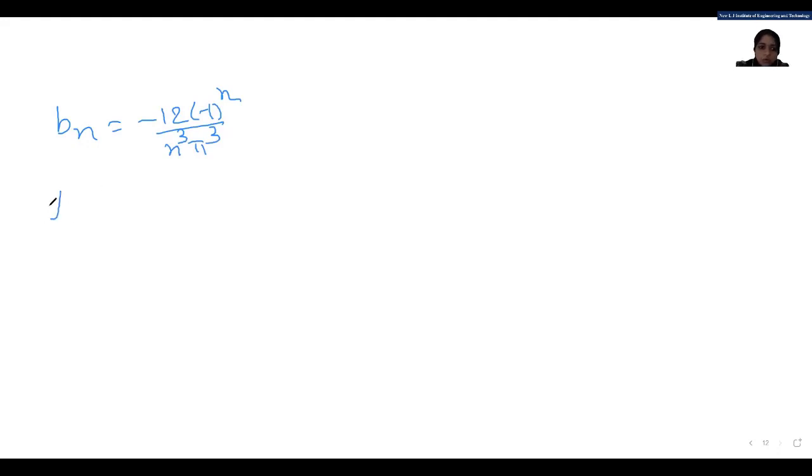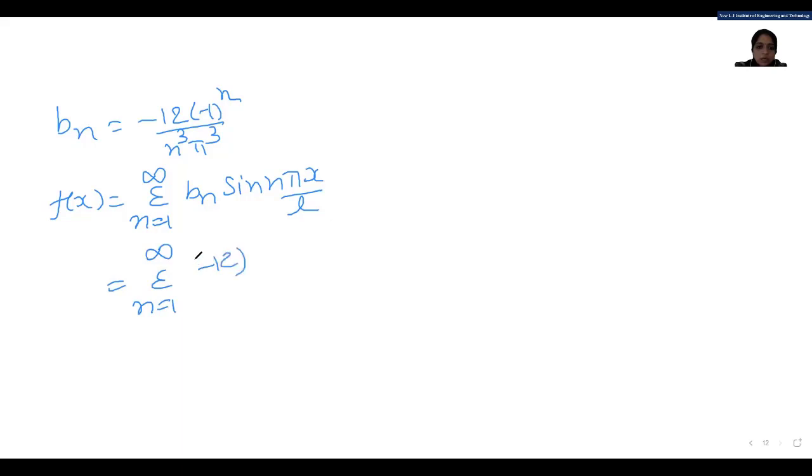So the Fourier series formula is summation n 1 to infinity Bn sin n pi x by L, and the value of Bn is minus 12 minus 1 raised to n upon n cube pi cube into sin n pi x upon 1.